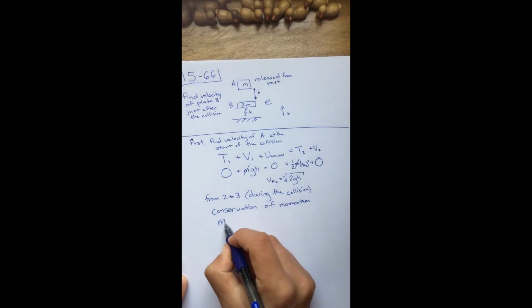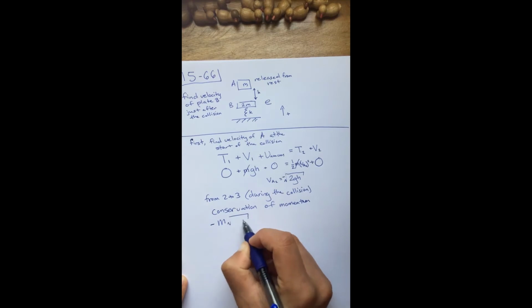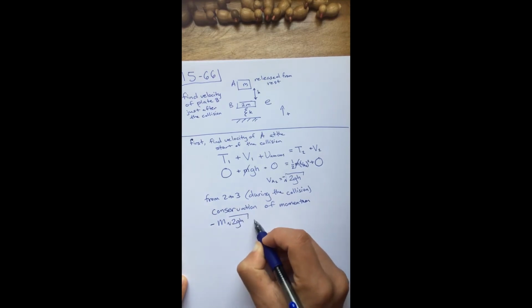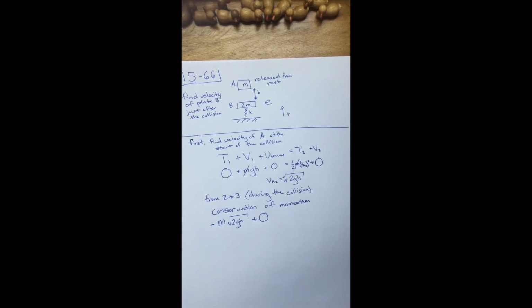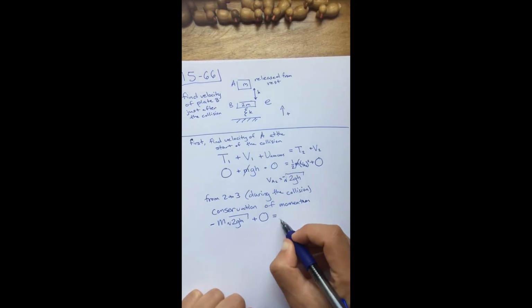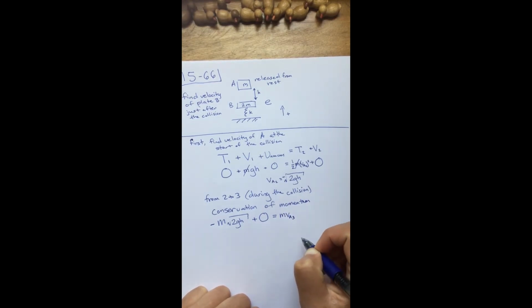And so we have mass A times the velocity of A, which is negative square root of 2gh, plus the initial momentum of B, which is 0, and then this is equal to the mass of block A times the velocity of block A after the collision, so we'll call that mVA3, and then we have the mass of block B, which is 2m, times the velocity of B after the collision, so that would be VB3.